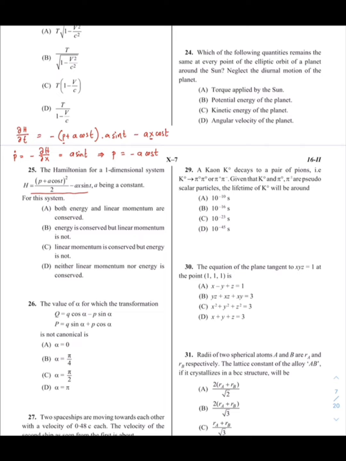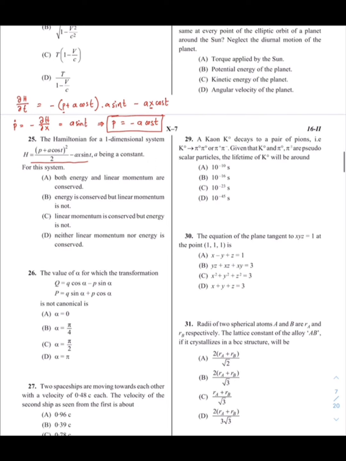So we have found that the momentum is explicitly dependent on time. Let's find x dot. This is equal to del H by del p, and this is equal to p plus a cos t. Now we put the expression of p here and find that this is equal to 0. So essentially x is constant.